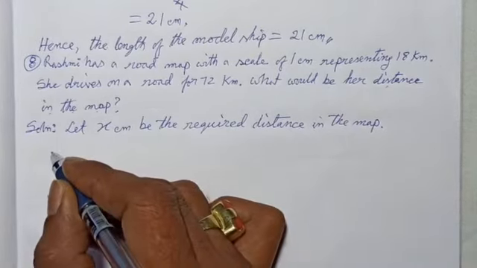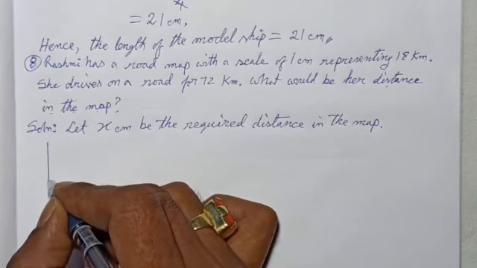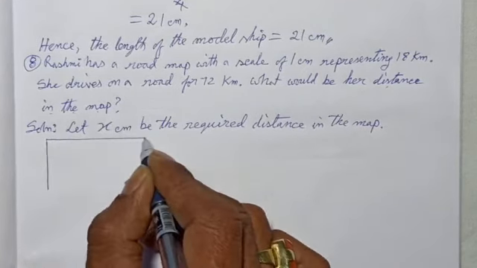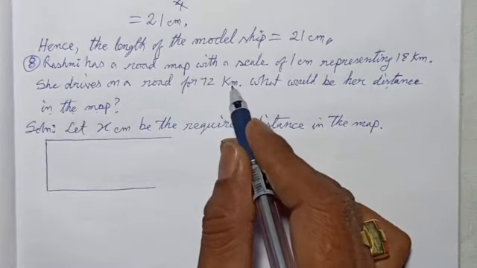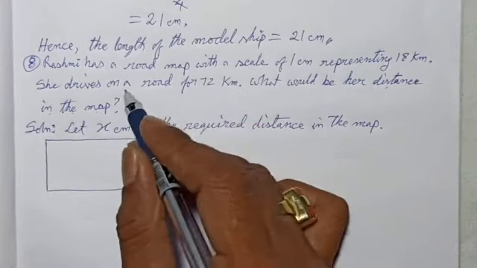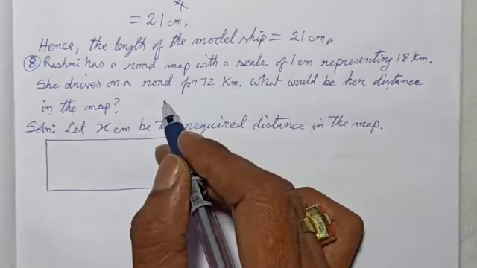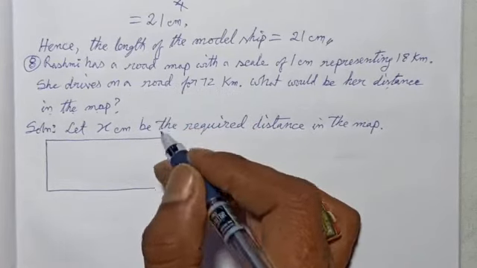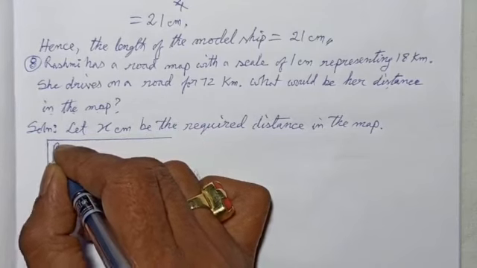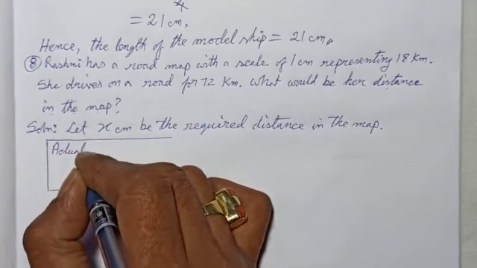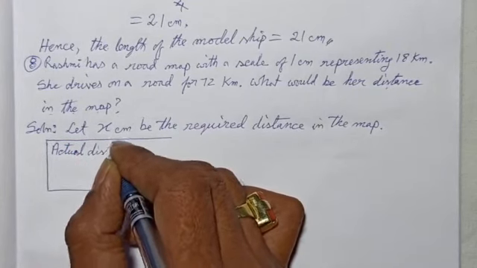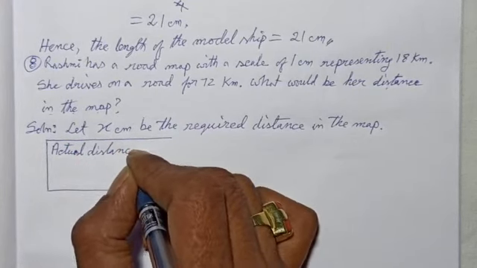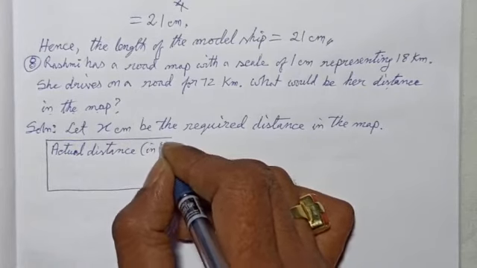Now let's make a table. This 72 kilometer is distance on the road, the actual distance, and this is in kilometer.